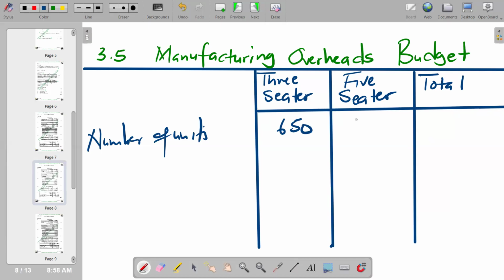Now 5-seater is 640. So add the two to get the total. You get 1,290. Then we go to variable cost per unit.